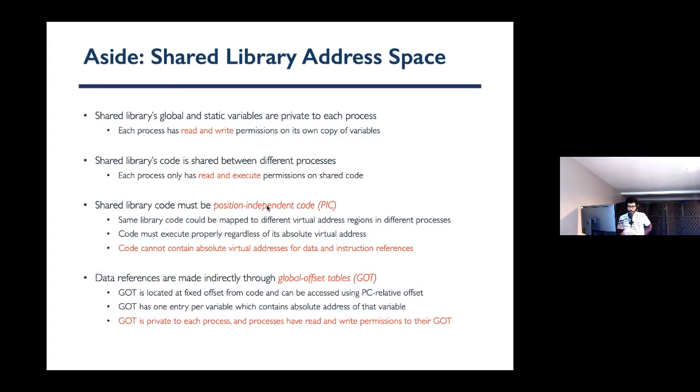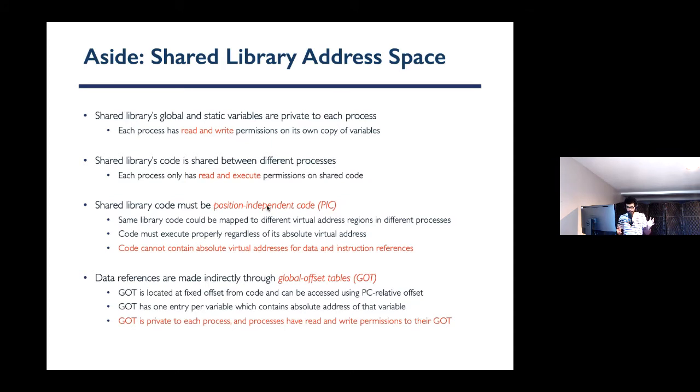That would be an instruction reference. You could also have a data reference. Let's say your shared library needs a global variable or whatever variable. So it wants to load that data, and that data has an address. Again, your code cannot use an absolute address. It has to use a relative address.